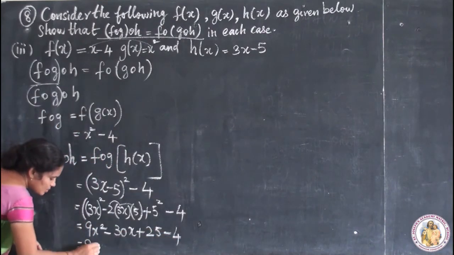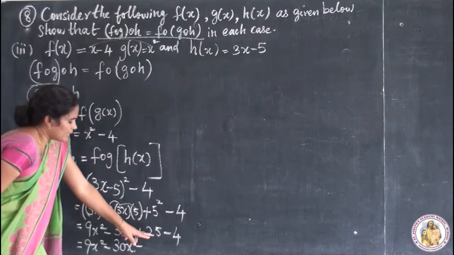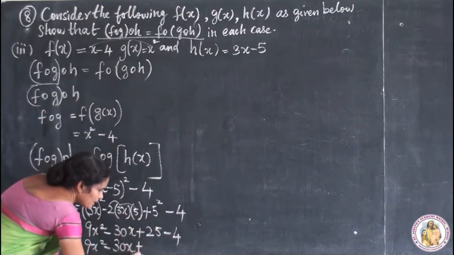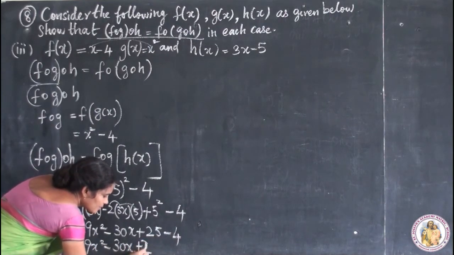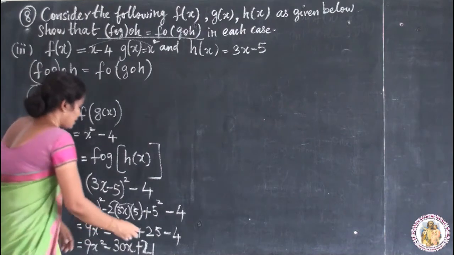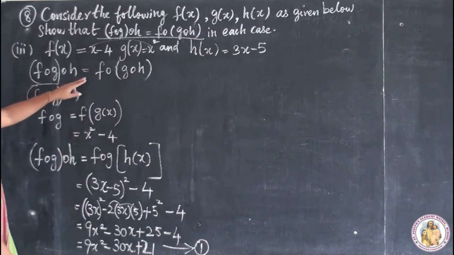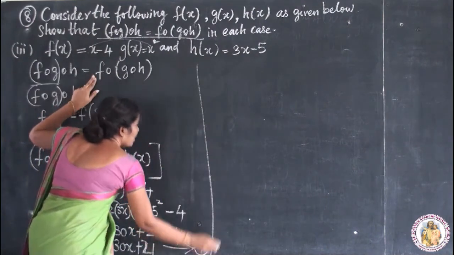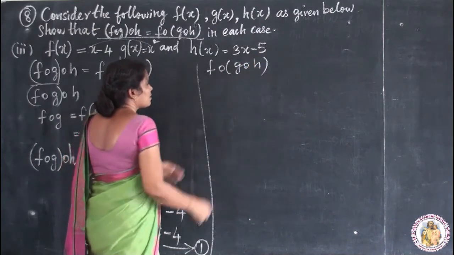Okay, 9x square minus 30x, 25 minus 4 is plus 21. Taking this as equation 1. Then go with f of g of h.